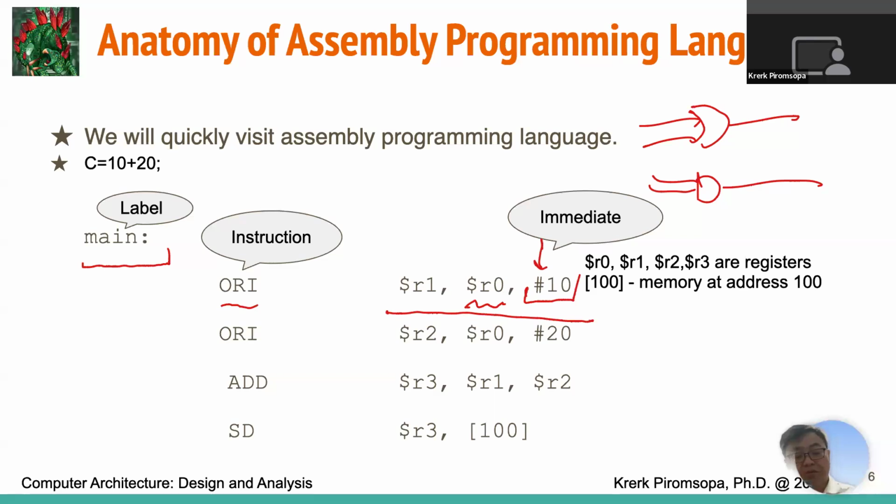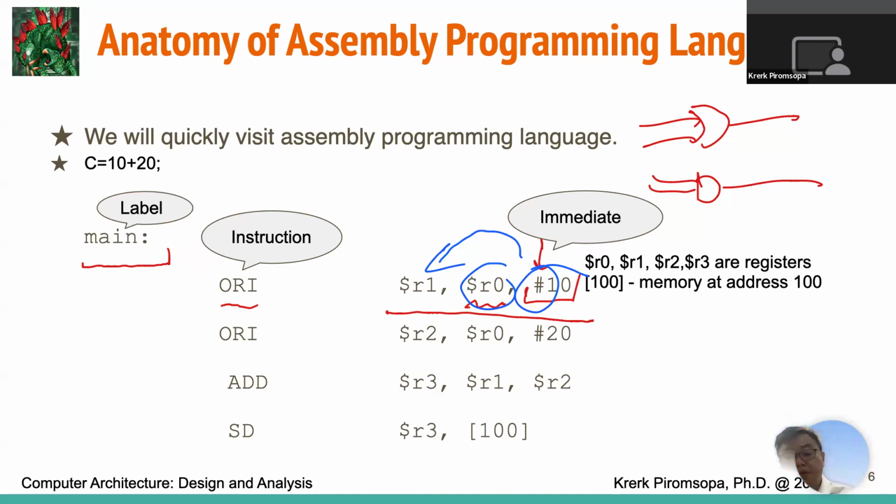So OR these two numbers together and put the result in R1, like that. This is the anatomy of the assembly programming language that we will use in this class. There are several standards for assembly language, even for Intel, there are different standards. We have one standard for AT&T, another standard for Intel itself. Okay, we will use this notation.